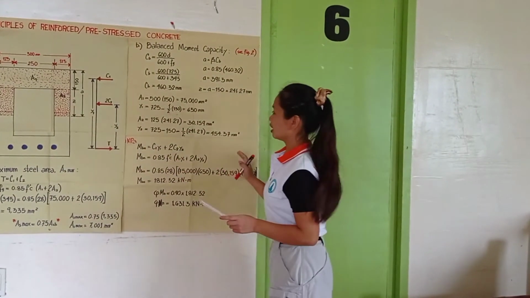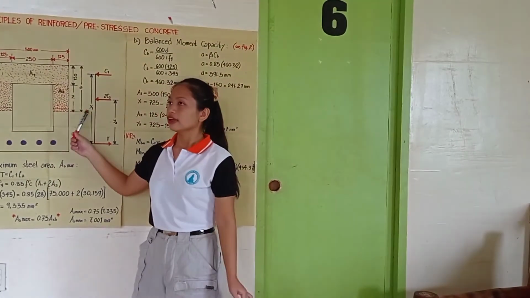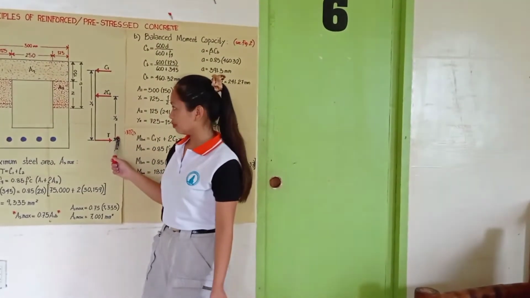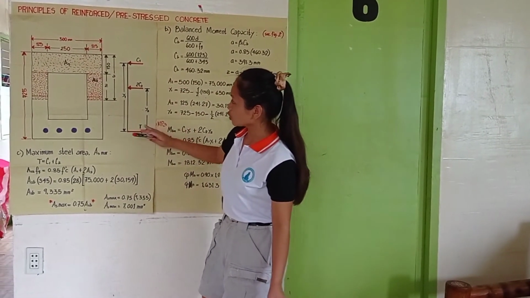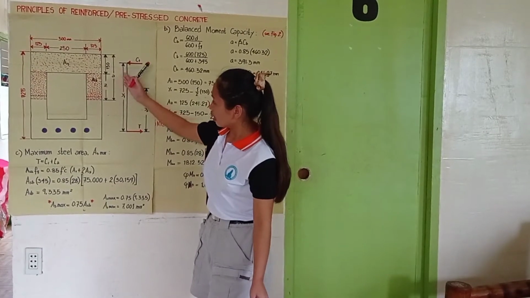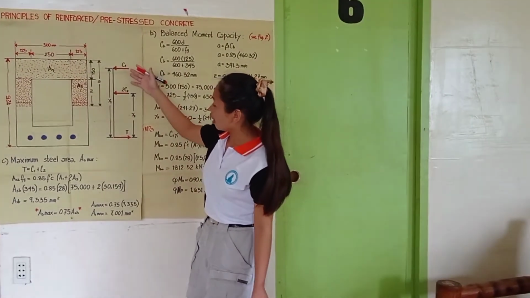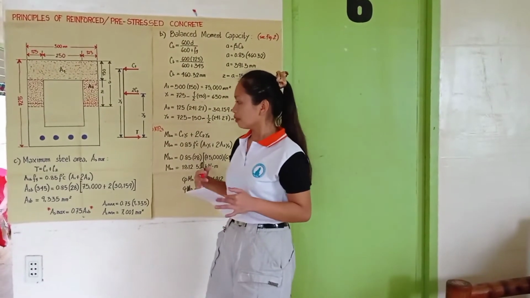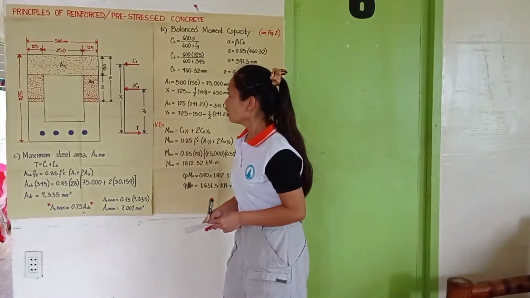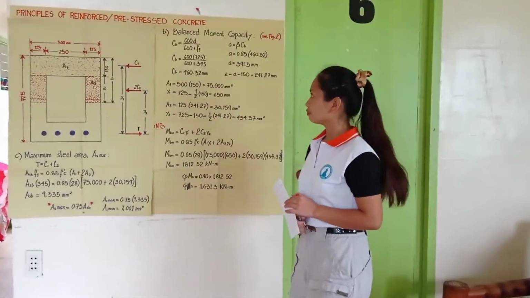As you can see, we have determined the neutral axis of our beam, and that is lying right here. There are unknowns, which are Z, A, and you can see the values of C1, C2, and T as we go along with this problem's solutions. So let's proceed to solving letter B.